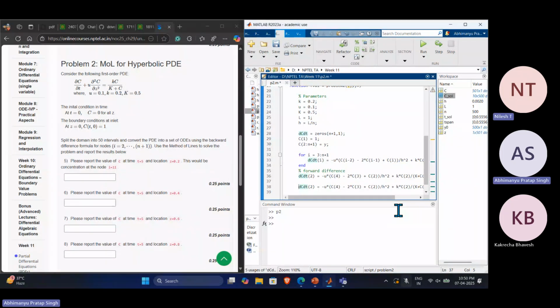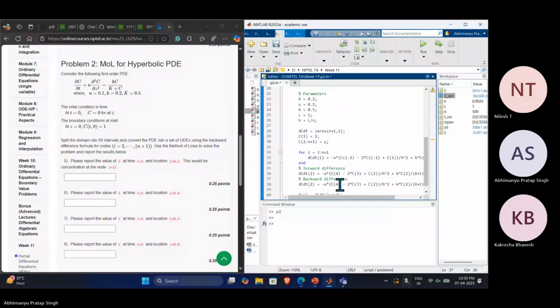Second example, I didn't try because I was stuck there. So I only tried first and third. First and third, I also did. Just a minute. It should be C3, C2, and C1.